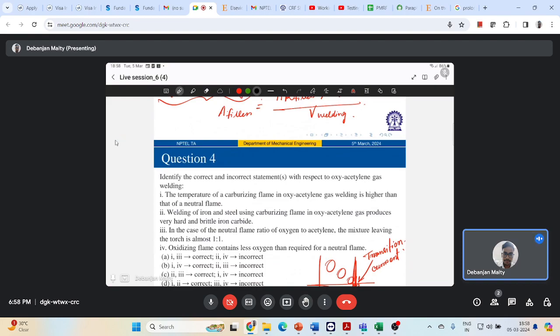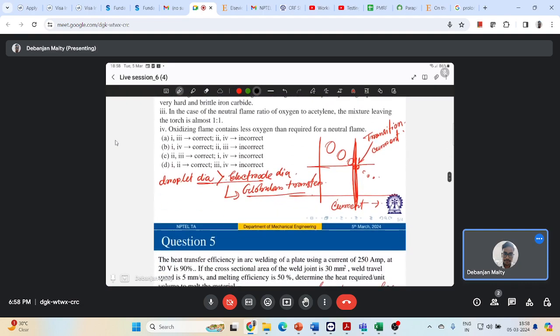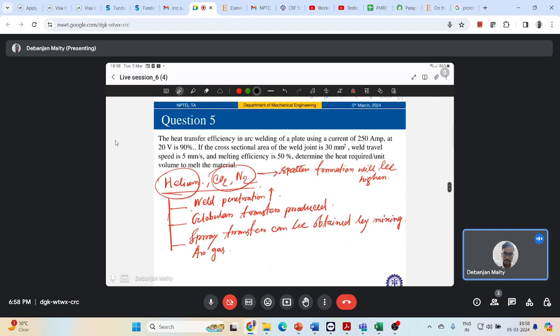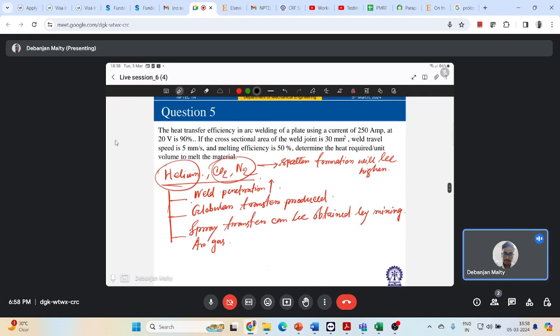Both are influenced by welding parameters like current, voltage, speed, feed rate, extension, electrode dia, all those things. We have another numerical, so let us finish the numerical first.